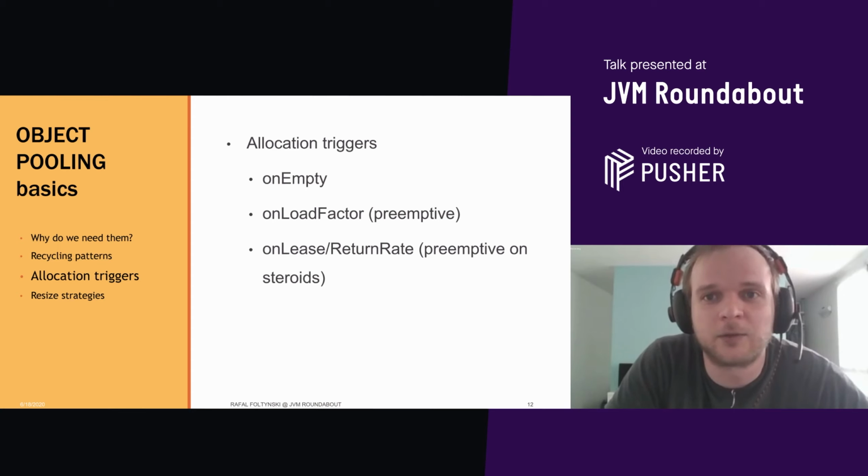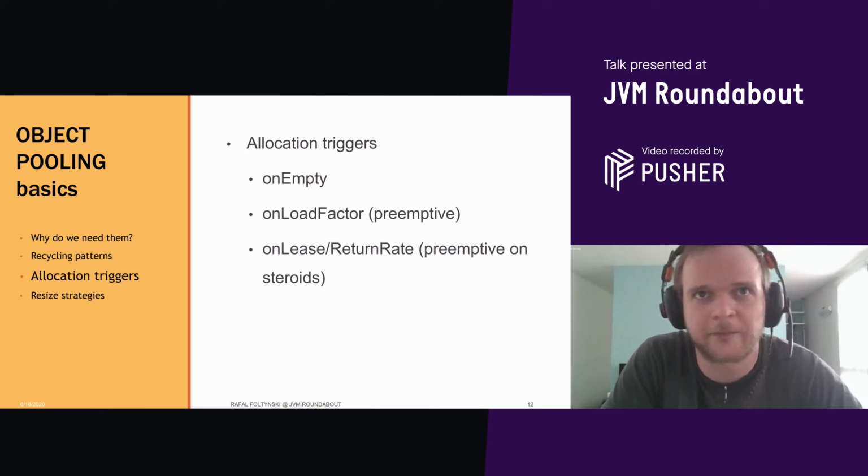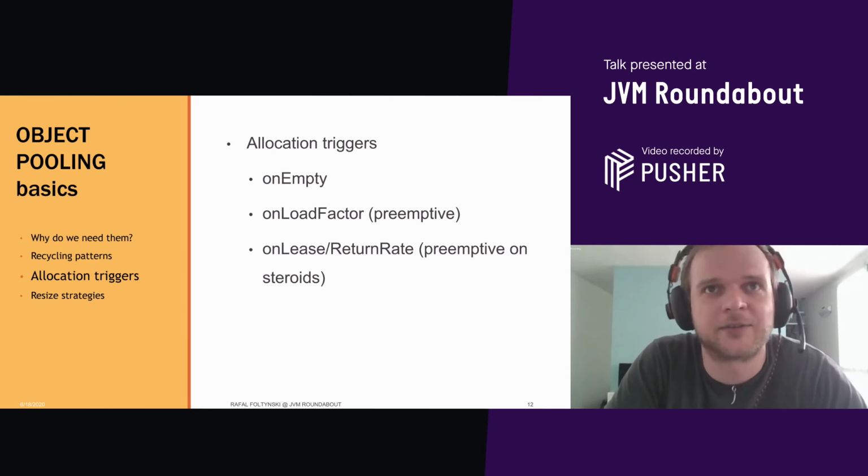Another one is the load factor. This is the preemptive creation of objects. You try to figure out how many objects you have in the pool, the maximum size of it, and if the pool is almost exhausted, you can allocate some amount of new objects to borrow.